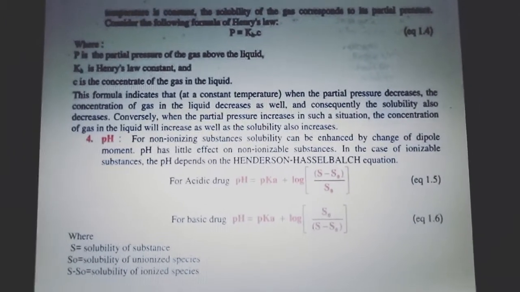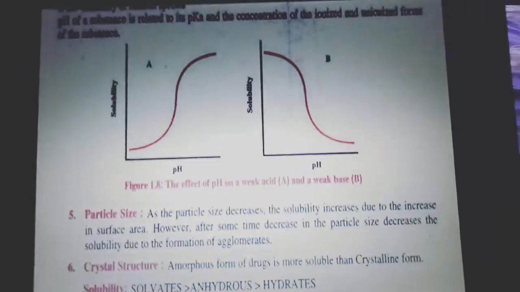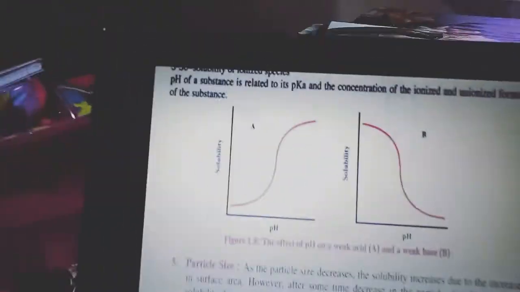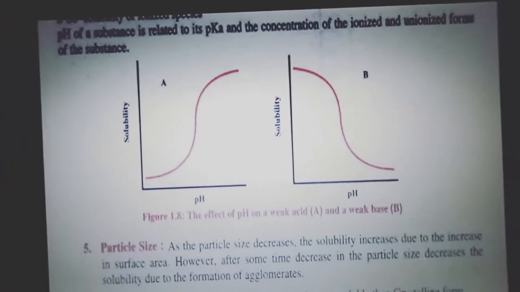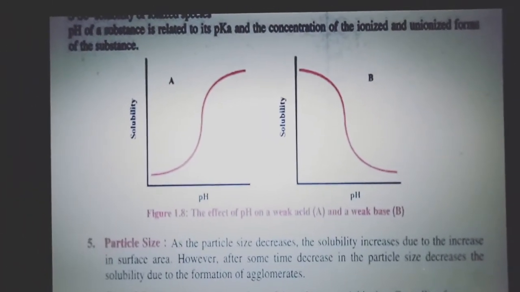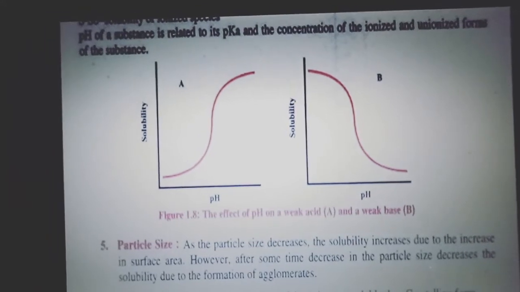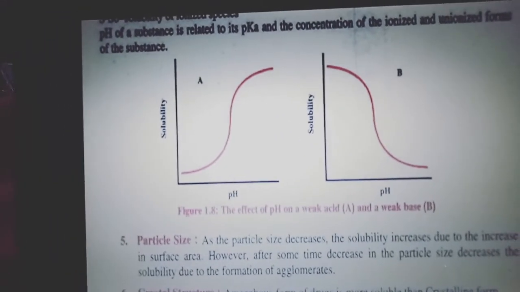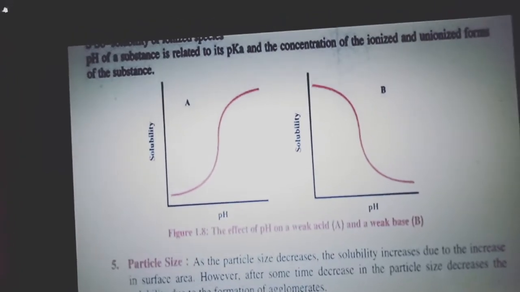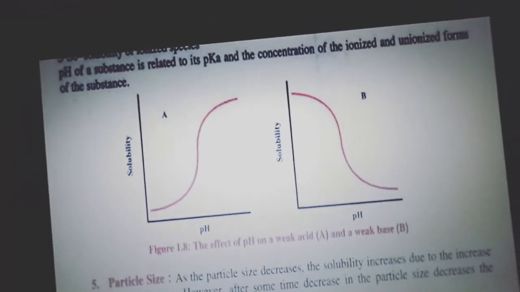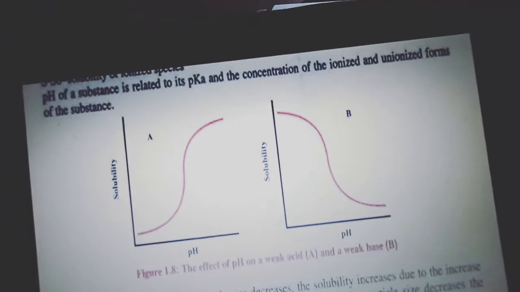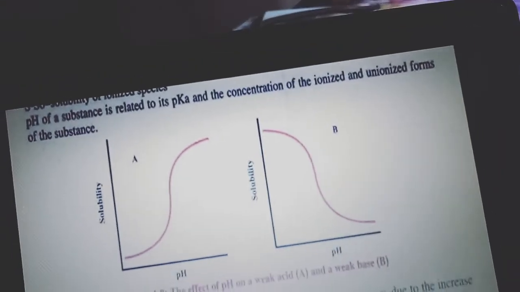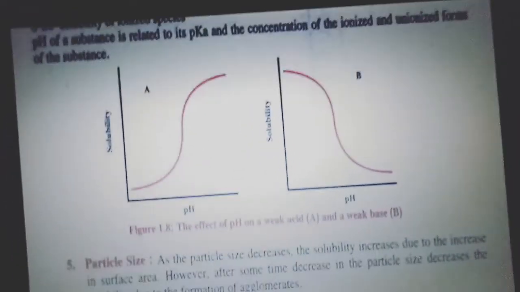Okay, pH of a substance is related to its pKa and the concentration of ionized and unionized form of the substance. You can see that solubility increases with increasing pH. Okay, graph A, graph B. Graph A is for a weak acid and graph B is for a weak base.